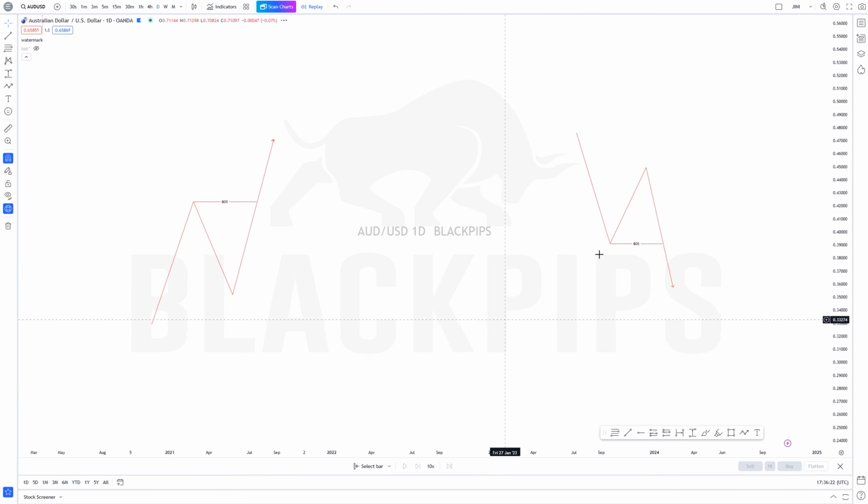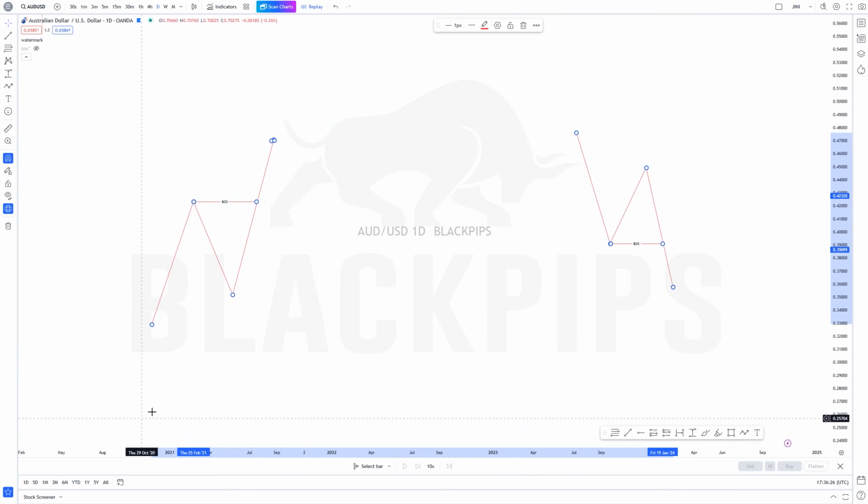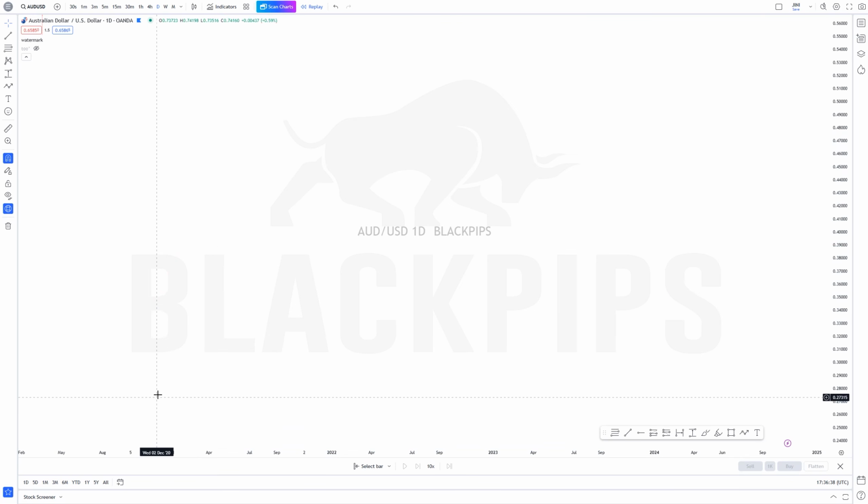In addition, many people are confused about the marking of these structures, whether it is a transition or a break of market structure, because as we know, we have different types of breakout.